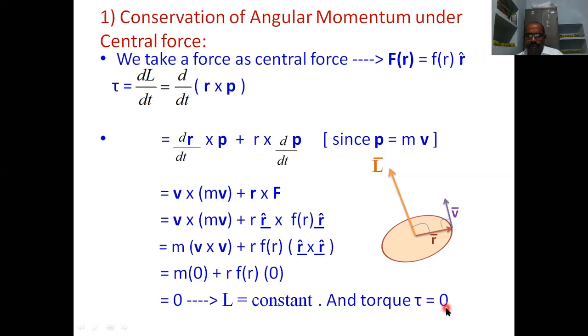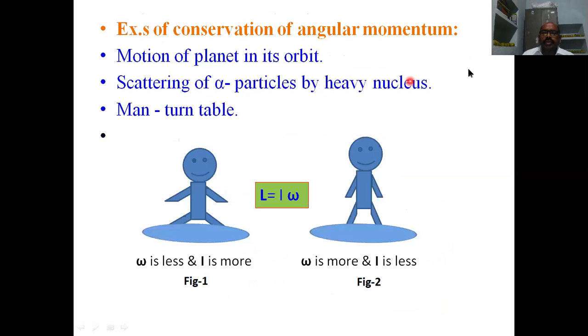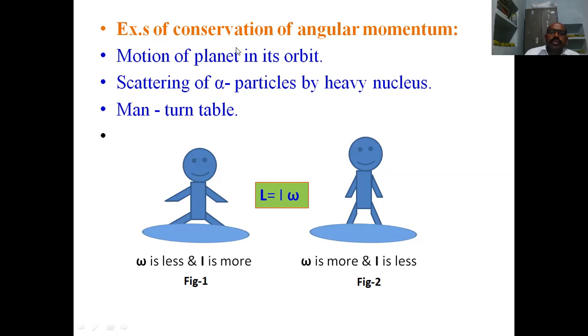See the next one. Here are the examples for conservation of angular momentum. First, the motion of a planet in its orbit. The planets revolve around the sun, so in their paths or orbits, their motion comes under the central force.